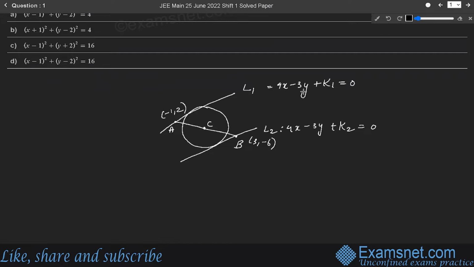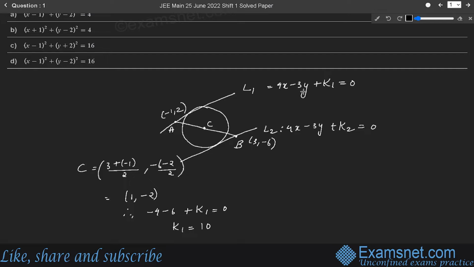So the coordinate of center C will be equal to ((3 plus minus 1) divided by 2, (minus 6 minus 2) divided by 2). So this will be equal to (1, -2). We know that L1 is passing through A. Therefore, minus 4 minus 6 plus K1 is equal to 0. So K1 will be equal to 10.